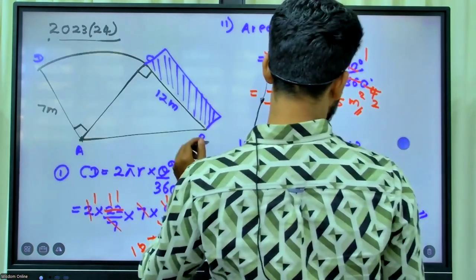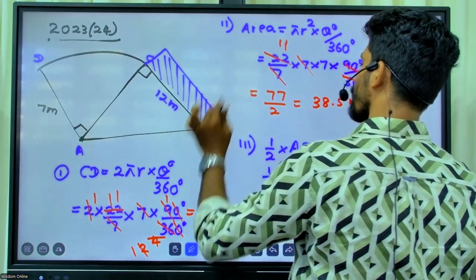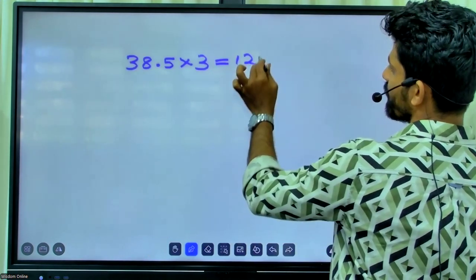3 times equals 12 into y, taking the width as y.